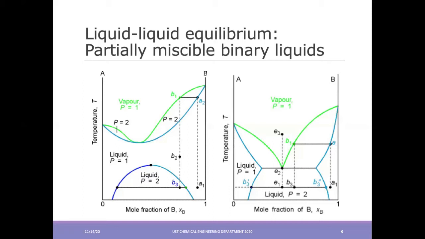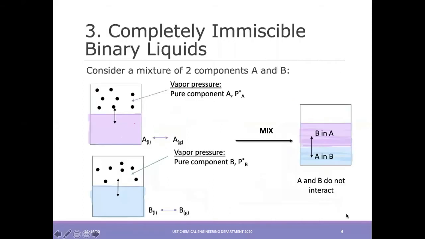So the boiling point of the azeotrope approaches the consolute temperature, and the two curves merge, which results in this phase diagram. So that's how we could picture different figures of partially miscible binary liquids.